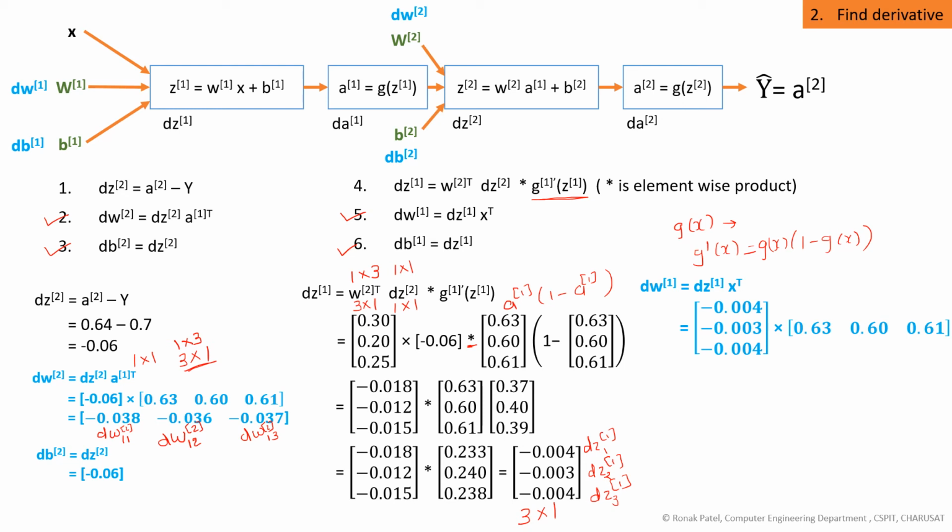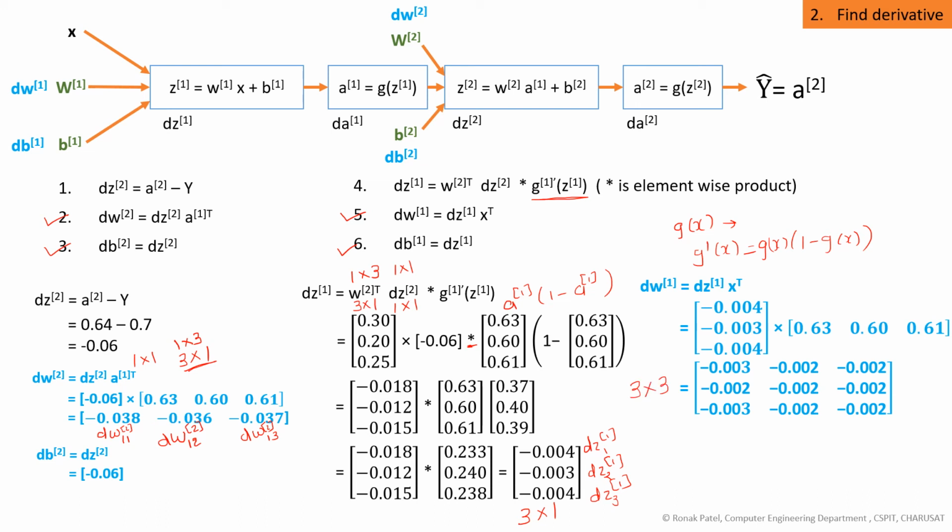If you take transpose of this, then you can perform multiplication. And why are we taking transpose? Because when you perform this transpose, you will get this matrix, that is 3 cross 3.